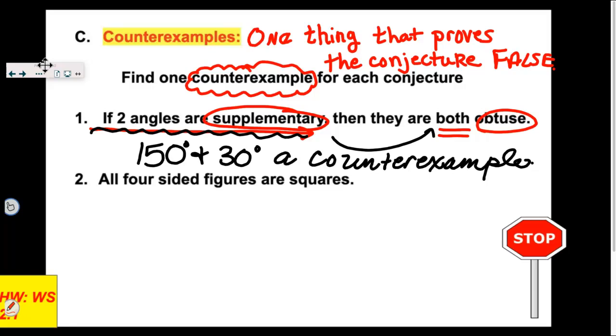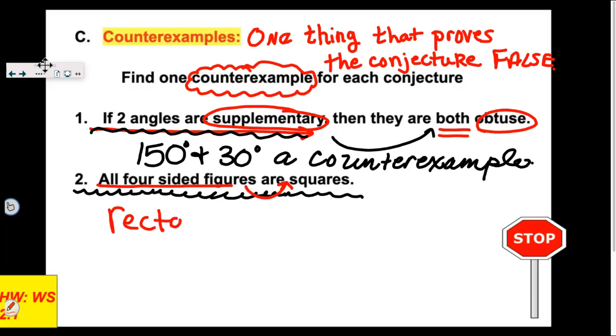All right, so my next conjecture, this is what I see. I have seen many, many 4-sided figures in my life that are squares. So I make the conjecture and I state, you know what, guys? All four-sided figures are squares. Somebody could raise their hand and say, "Rectangle." And what they would do is be finding something that meets this part of the statement, a four-sided figure that is not a square. In class, rectangle was the most common one I heard.